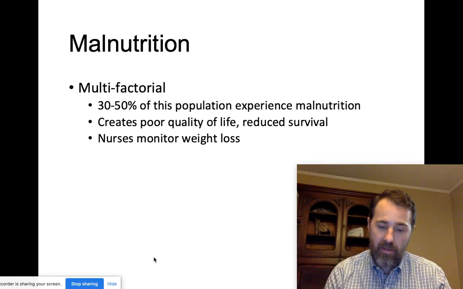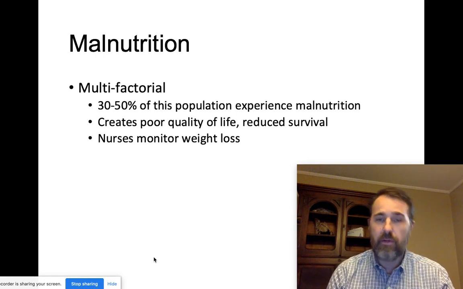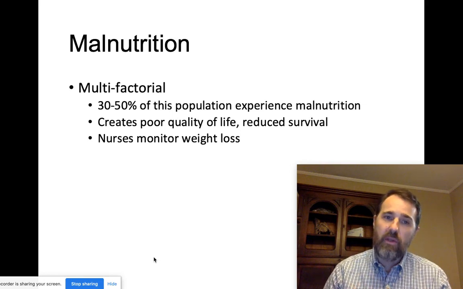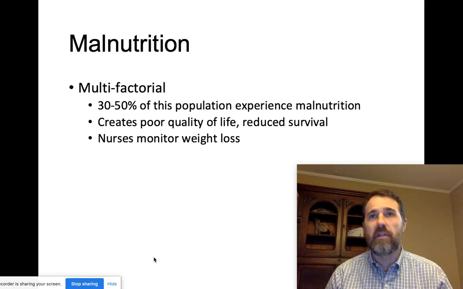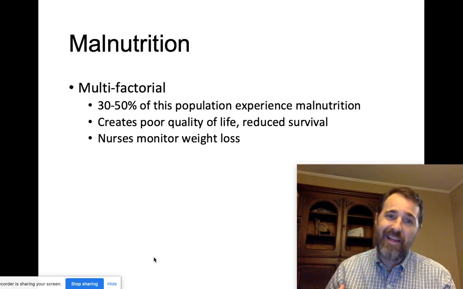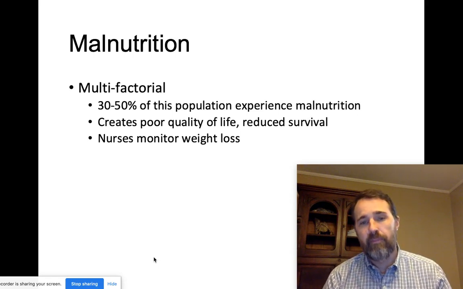Everyone can probably think of some movie or some personal experience where you have seen a person go through cancer treatment and lose a great deal of weight.